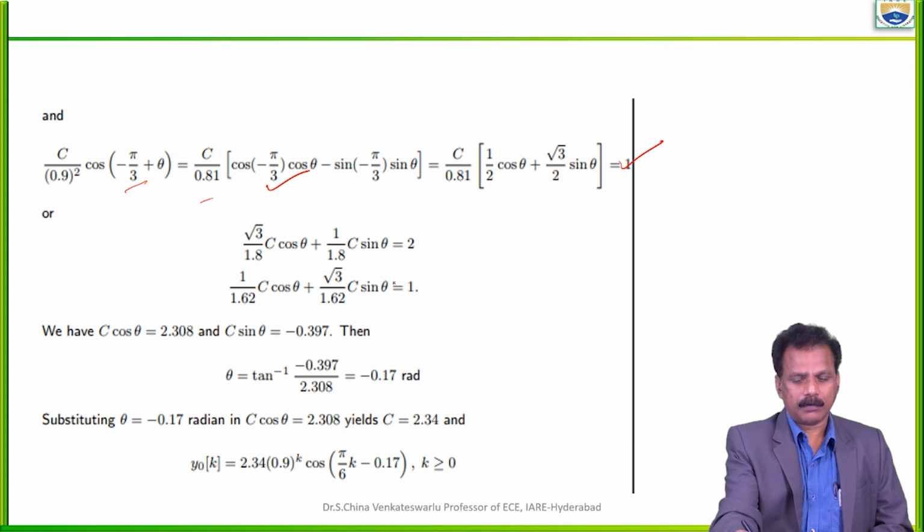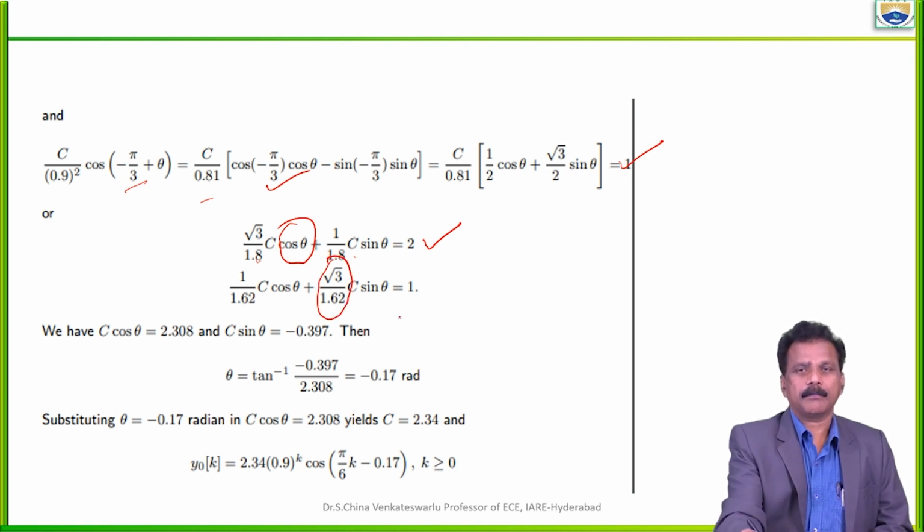With this, we can consider the square root of 3 by 1.8 c cos theta plus 1 by 1.8 c sine theta equal to 2. Similarly, 1 by 1.62 into c cos theta plus square root of 3 by 1.62 into c sin theta is equal to 1.